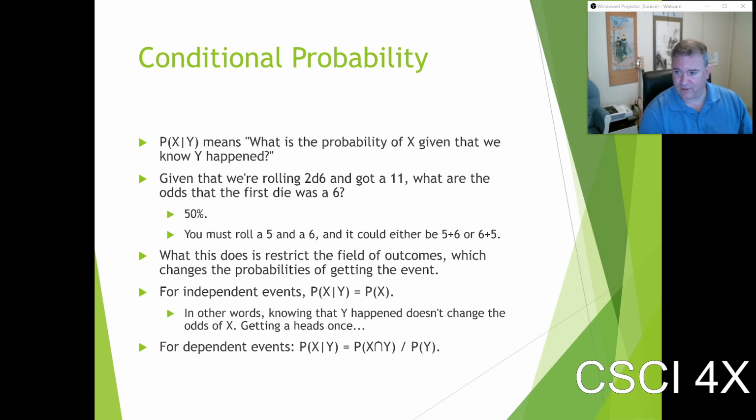So let's try another one. What's the probability I get an ace through 4 if I reveal to you that the card I just drew is not a face card?